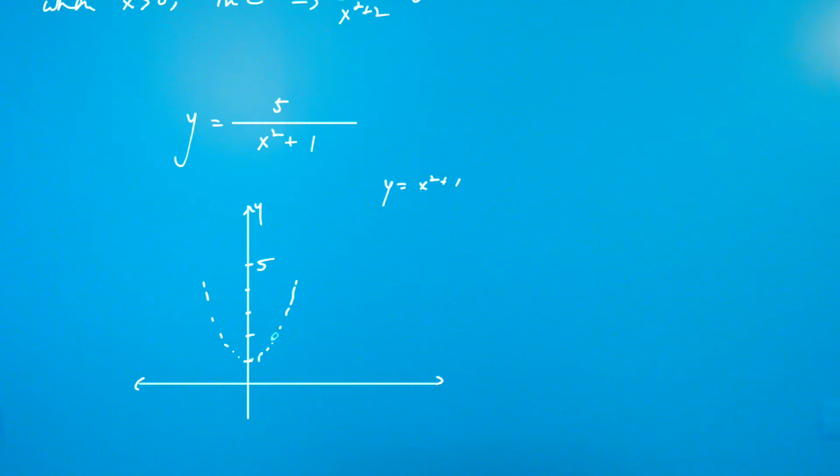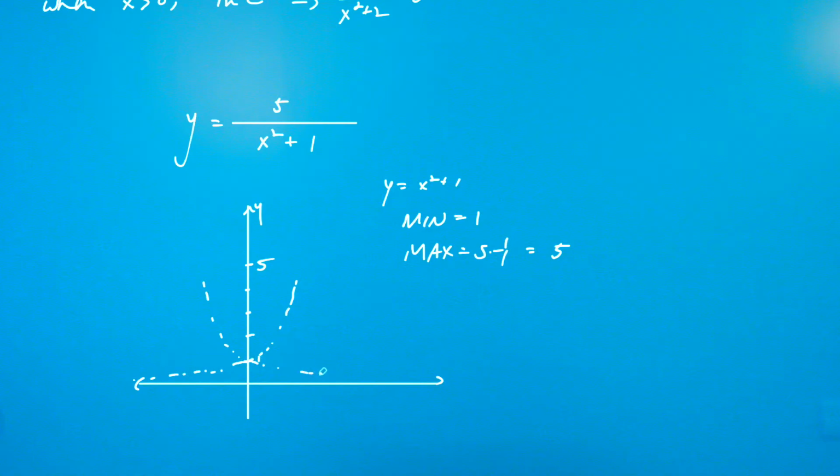This one has a minimum value at 1. So the reciprocal function will have a maximum of 1 over 1, the reciprocal of that, but we still have to times it by 5. Okay, so if there was no 5, the maximum would be 1. So the graph would look just like this.